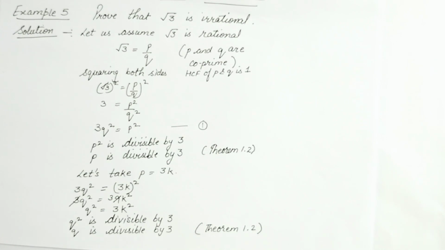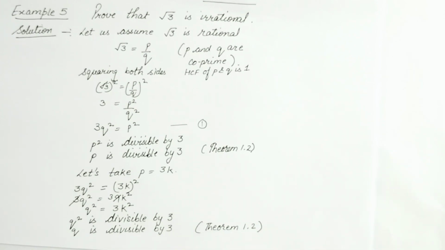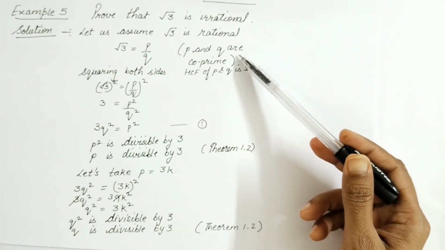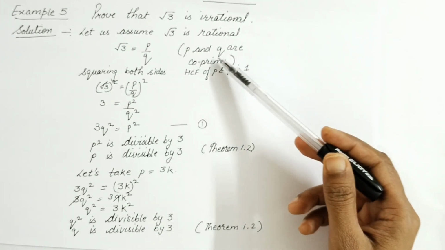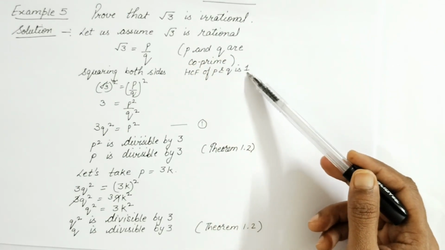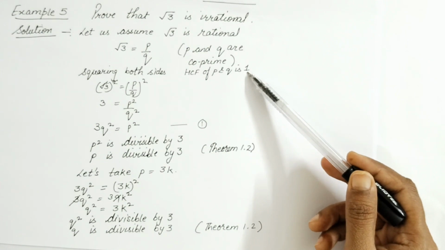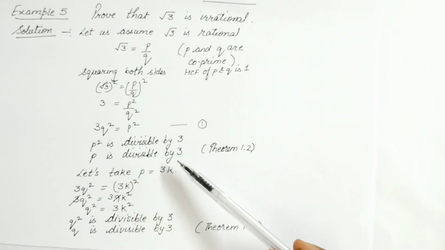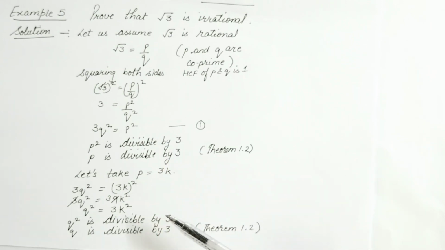Now, here you are saying P is divisible by 3. Q is also divisible by 3. Means this assumption is going to be wrong now. We have taken here that P and Q are coprime. It means they are divisible by only 1. The common factor is only 1. But here we are saying that 3 is also the common factor.